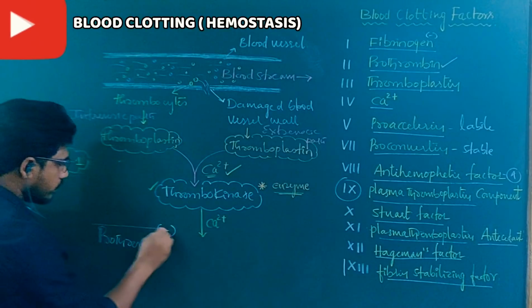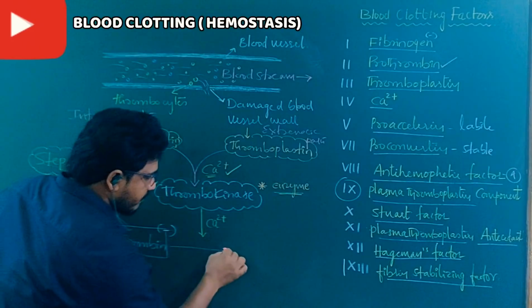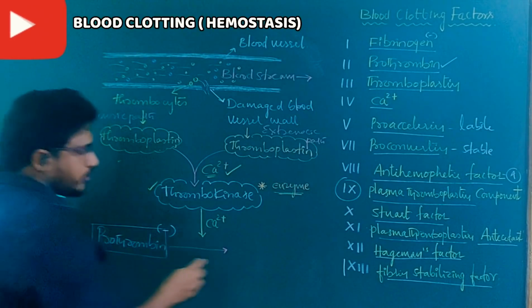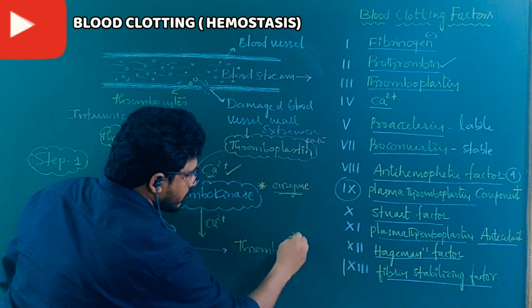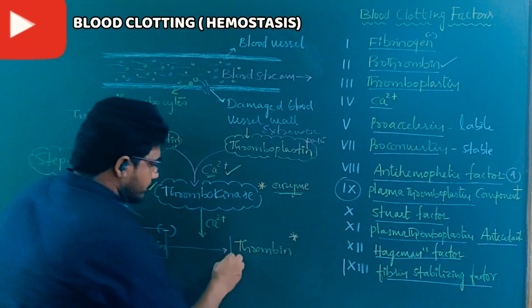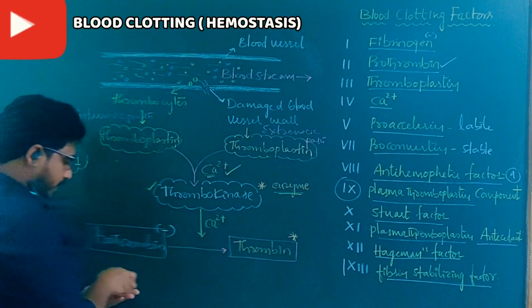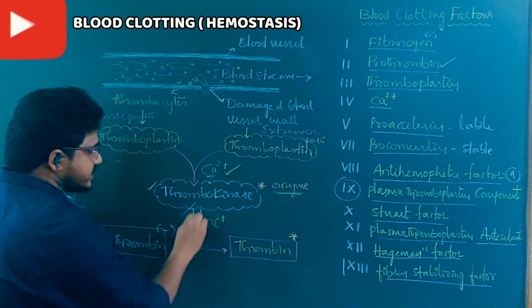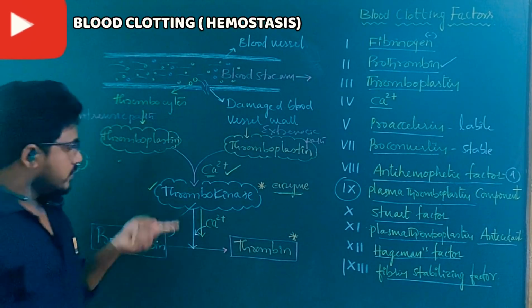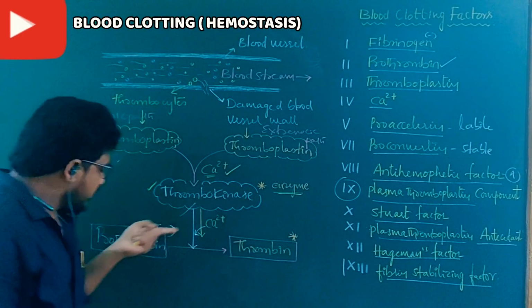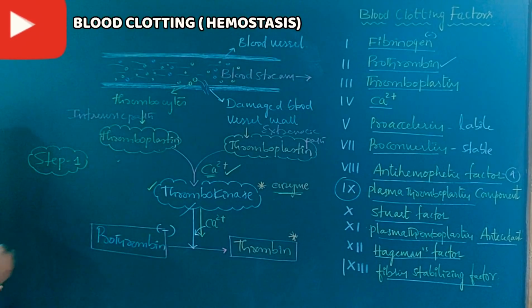So this prothrombin, which is the inactive form, is converted into the active form called thrombin. Thrombin is the active form. Who is required to convert prothrombin into thrombin? Thrombokinase is required in the presence of calcium ions. Clear? Without thrombokinase, prothrombin cannot convert into thrombin. I can say this is step 2.